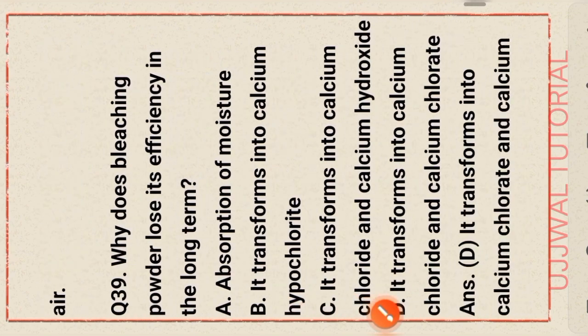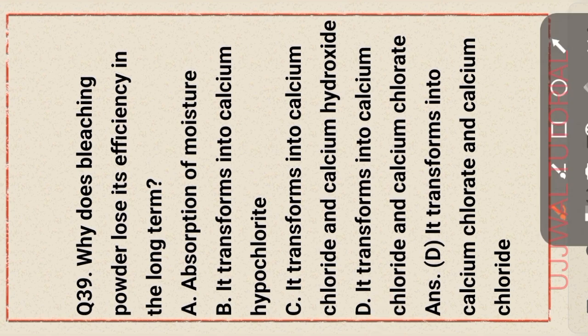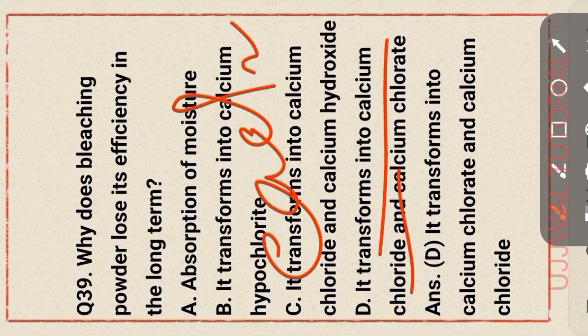Okay, next question, question number 39. Why does bleaching powder lose its efficiency in the long term? That is option D. It transforms into calcium chloride and calcium carbonate. Formula: calcium chloride CaCl2 and calcium carbonate CaCO3.